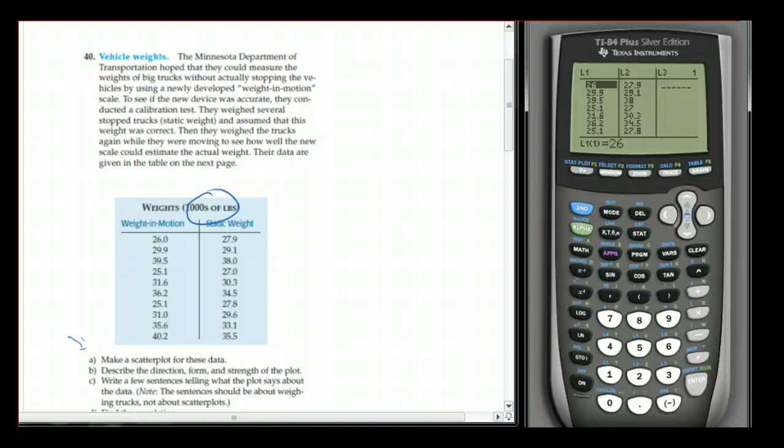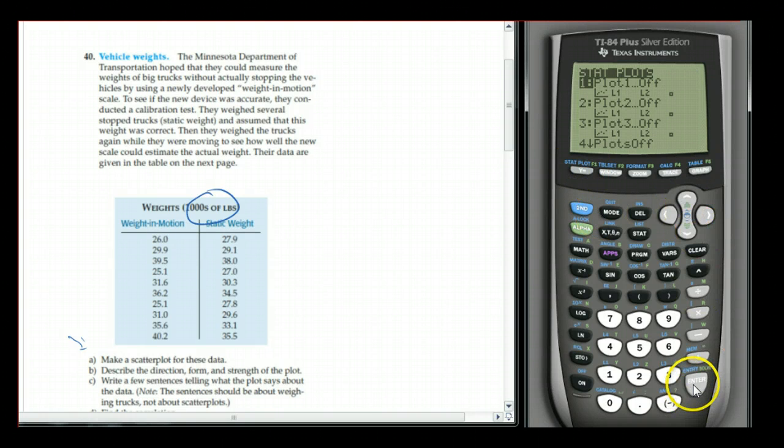In this case, the response variable, the y-axis variable, will be the static weight, and the explanatory variable would be the weight in motion. So we'll see how the weight in motion explains the real weight.